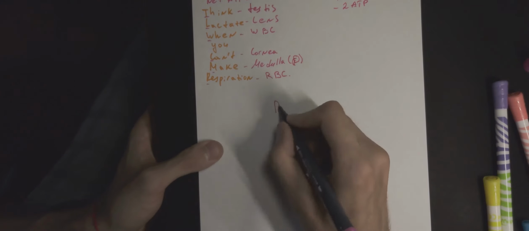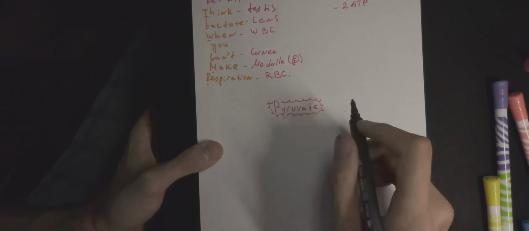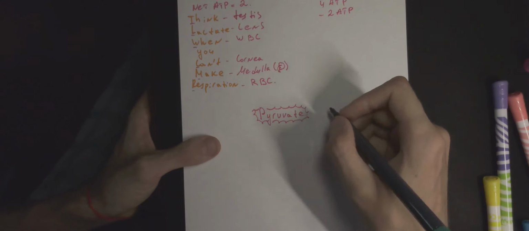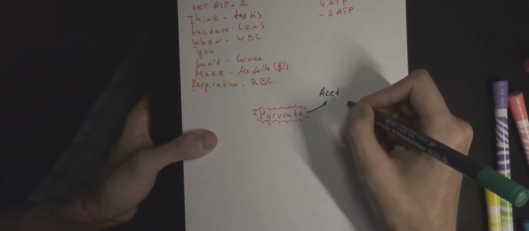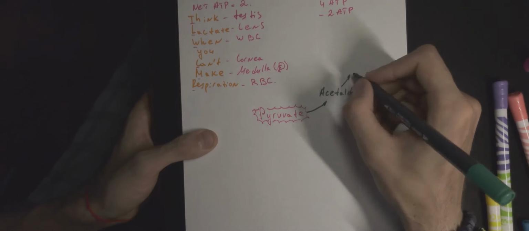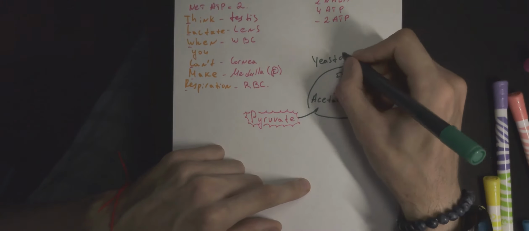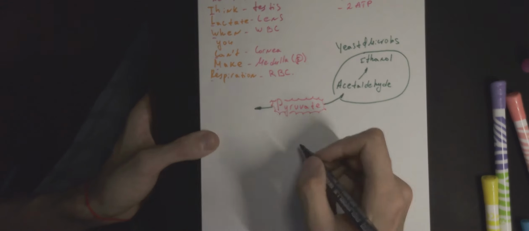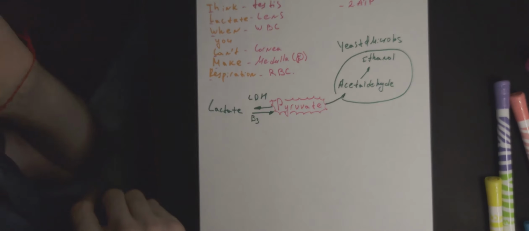Talking about the fate of pyruvate, we have to remember that pyruvate can be transformed into acetaldehyde and ethanol in yeast and microbes. Also, pyruvate can be transformed to alanine by the enzyme called alanine transaminase and vitamin B6, or into lactate by lactate dehydrogenase, and also vitamin B3 and NADH.